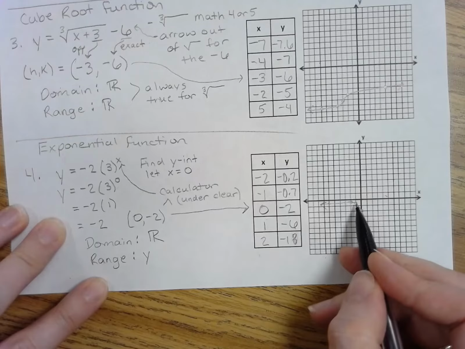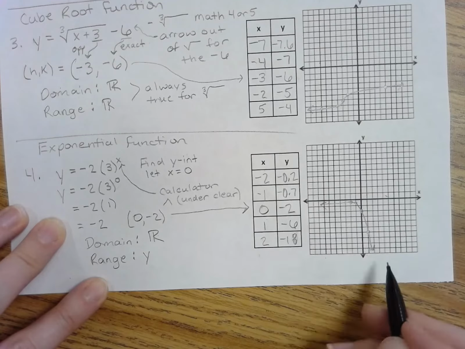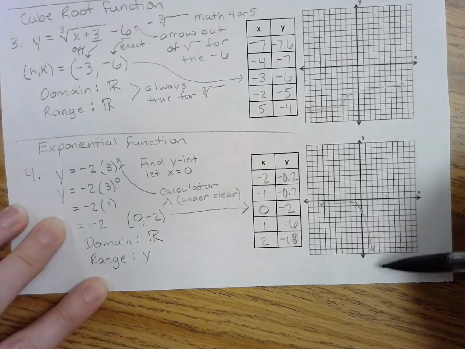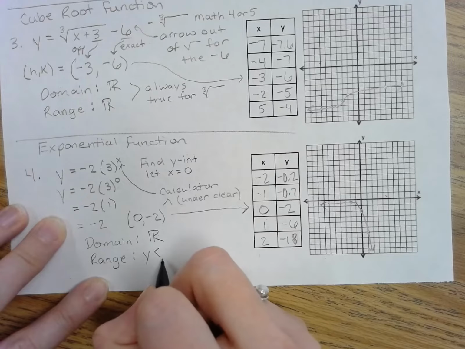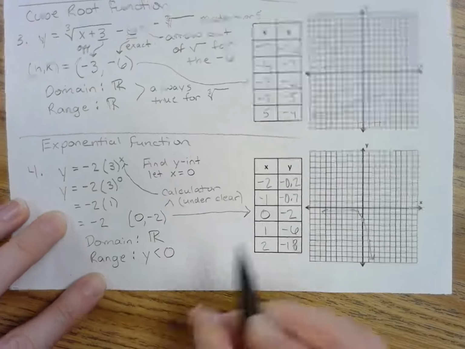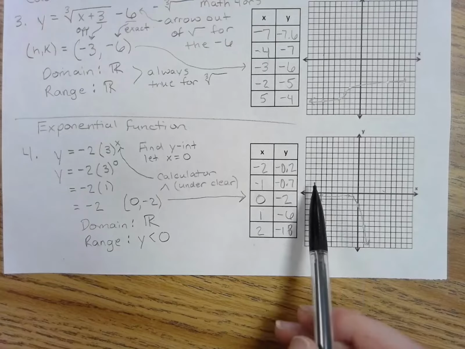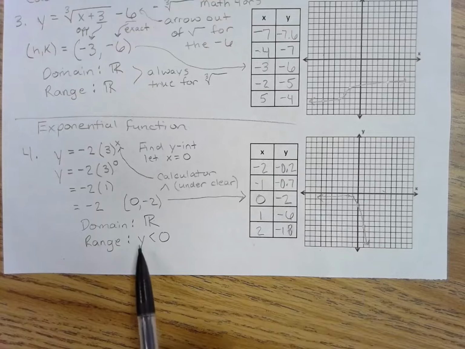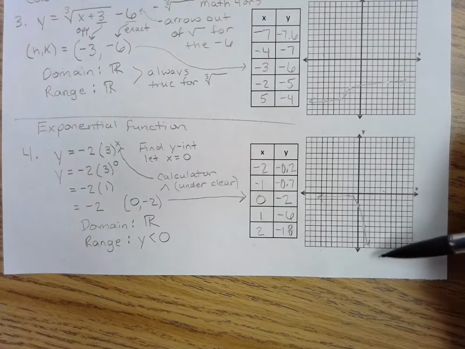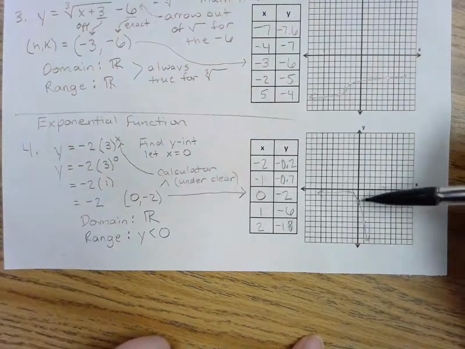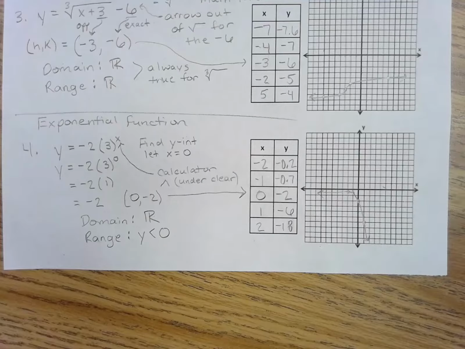That is going to be, y is going to be less than, because everything down this direction is negative, so y is going to be less than, it will not equal 0. It never actually touches that 0 line, so y is only less than 0. All of these y values, you can see in your table also, all of those values are less than 0. So that is how we graph our non-linear functions for this lesson.